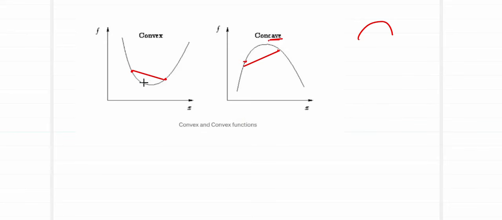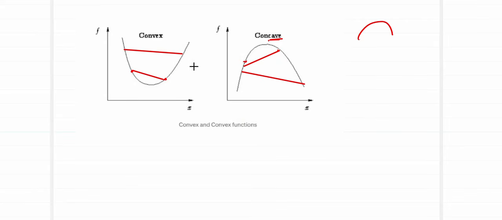So when it is convex, the line lies above the curve. Wherever you draw, it is going to be above the curve. Wherever the curve is above and the line is below, you call it concave. When it is convex, the curve is down and the line is on top.